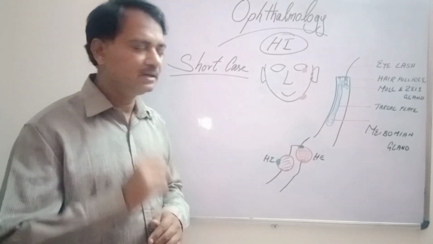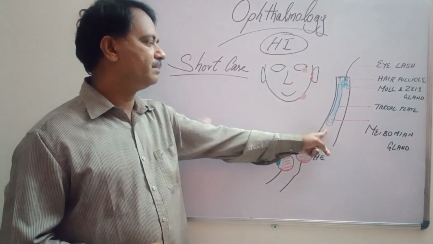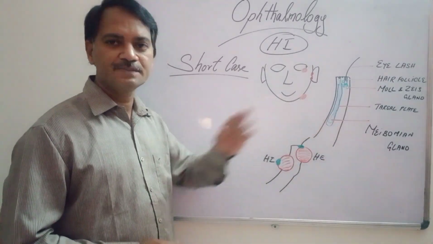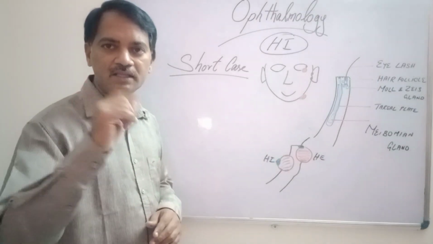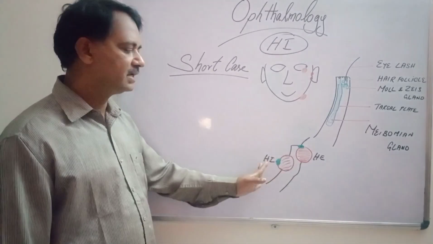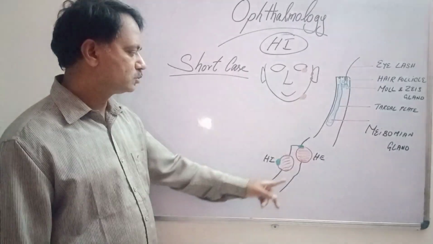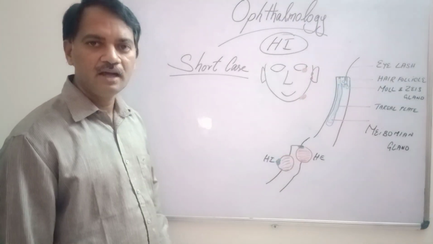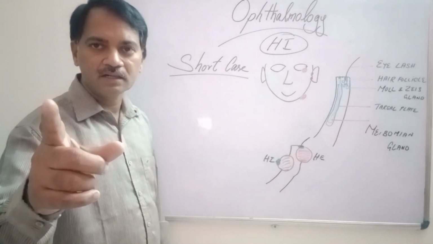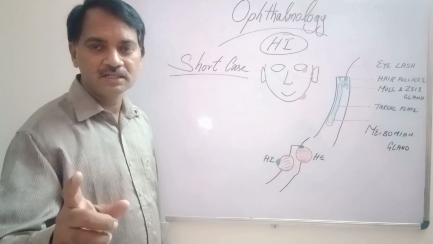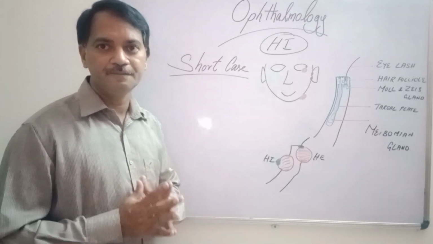Another important thing is that the tarsal plate and meibomian gland are situated on the posterior aspect of the lid. So naturally, a patient will develop a swelling on the posterior lid. That is why the swelling is on the posterior aspect of the lid, and in hordeolum internum, the swelling, unlike hordeolum externum, will not be very big.